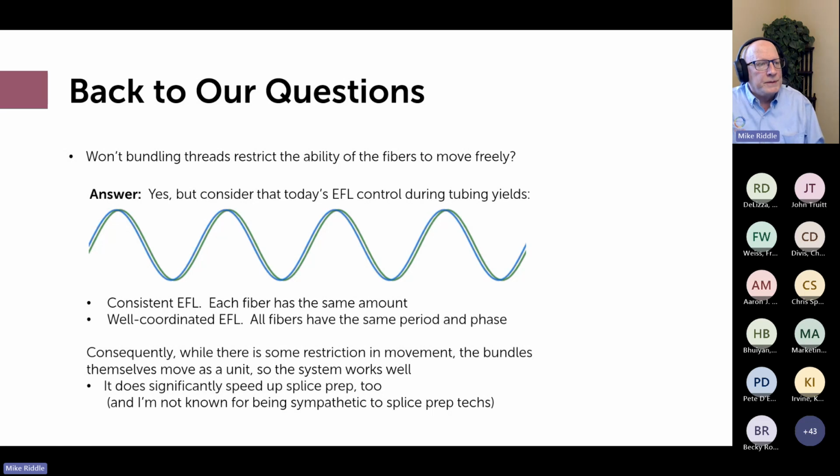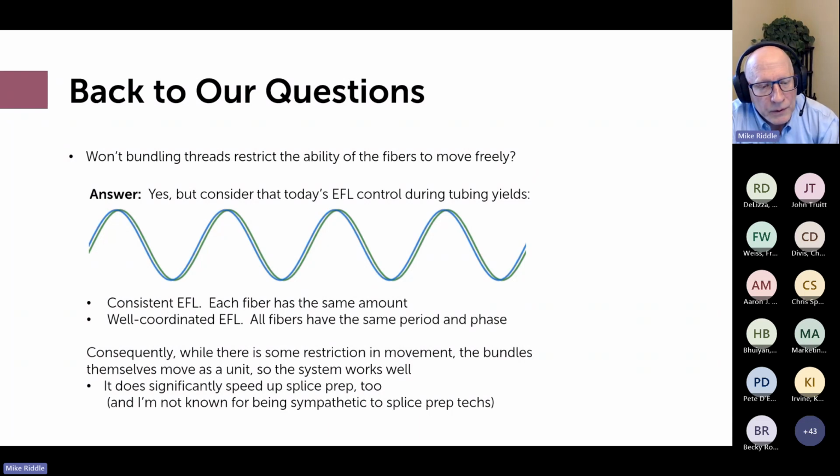I've not seen problems in the field with this system, and it does significantly speed up splice prep because it's so much easier to separate the blue bundle from the orange bundle, rather than find, okay, I got to find the blue fiber and put it over here, and then the orange fiber over here, and the green fiber, blue, orange, green, and so forth.